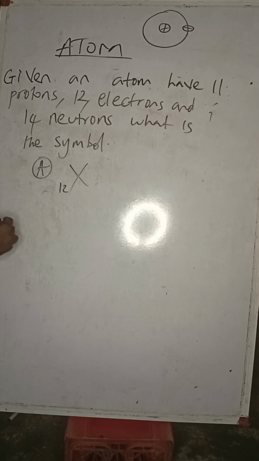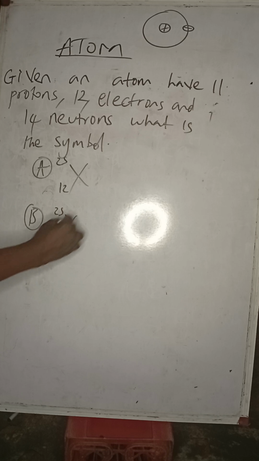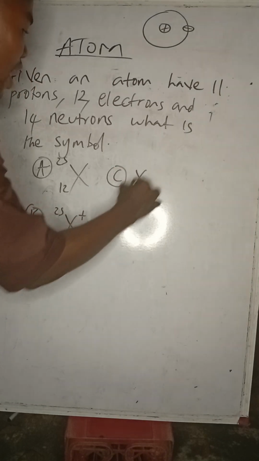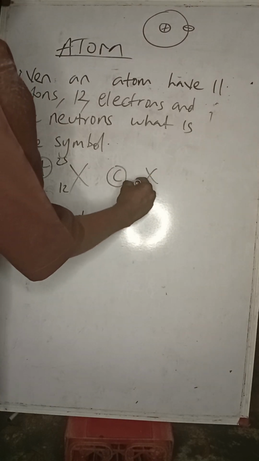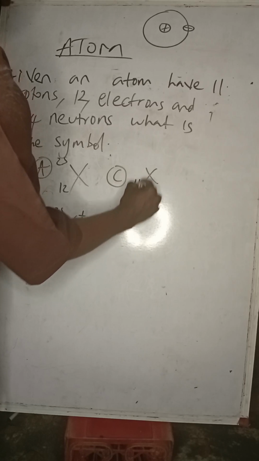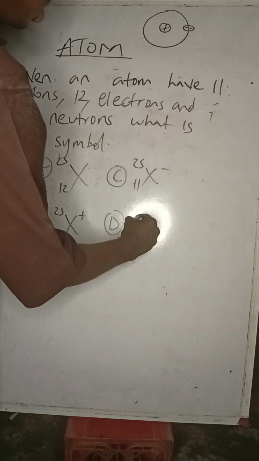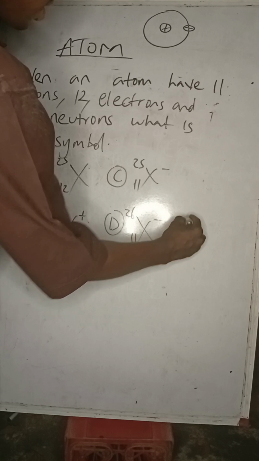Options: A, X12, 25; B, X12, 25 plus 1; C, X11, 25; D, X11, 26 minus.